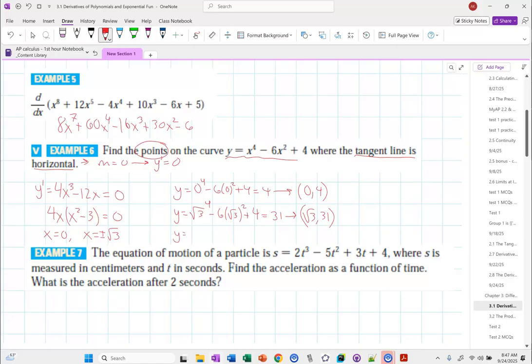What's the nice part about the negative root 3? Who sees it? What's it going to be? Still 31, right? Because all the negative root 3's are to even power, so it nukes the negative sign anyway. So it's going to be the same answer.